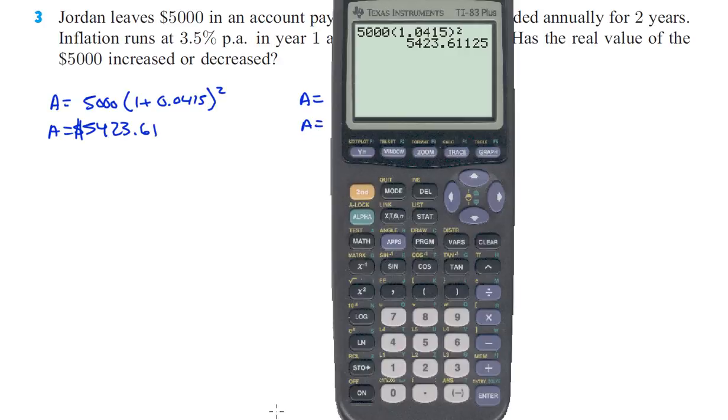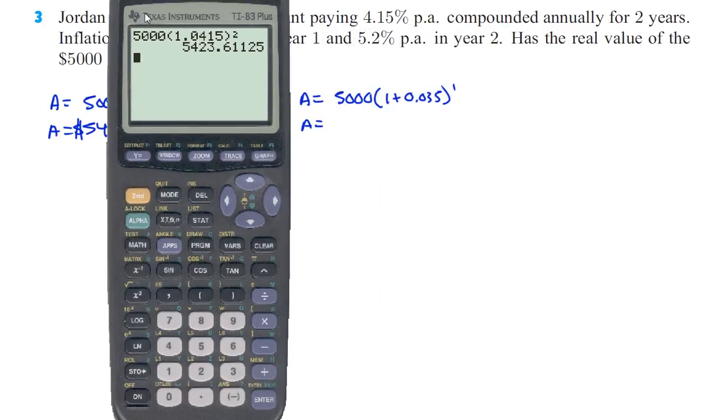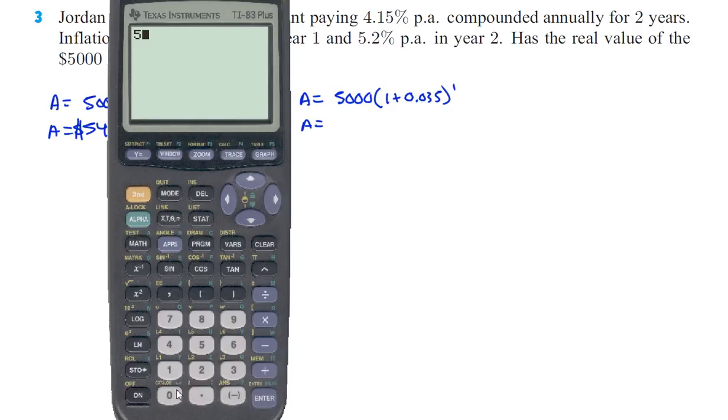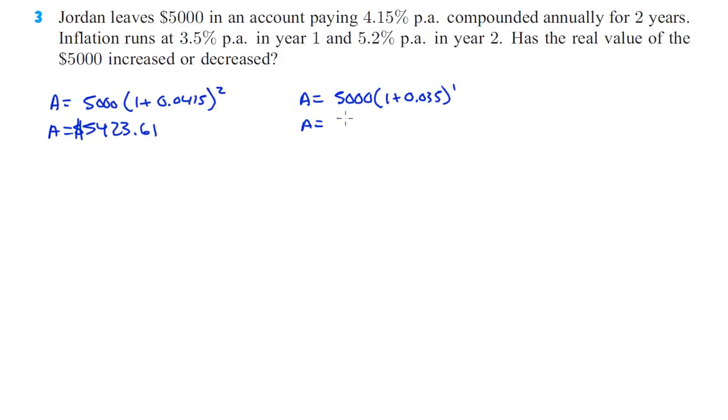So really, it's just going to be 5,000 times the interest, plus 100%, so 1.035 gives us, after the first year, 5,175, right? That is how much it is with the inflation. Okay, so then now you've got to take that 5,175.